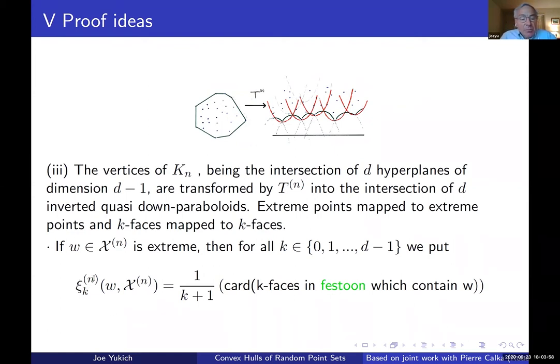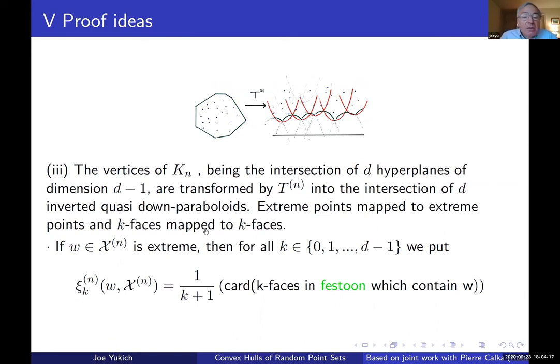So that's the purpose of this superscript. The score at a point in the right-hand picture is denoted by psi_k, so you pick an integer k between 0 and d-1, and you attach a score to points here as follows.